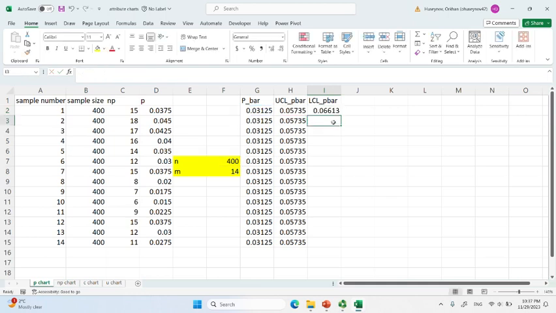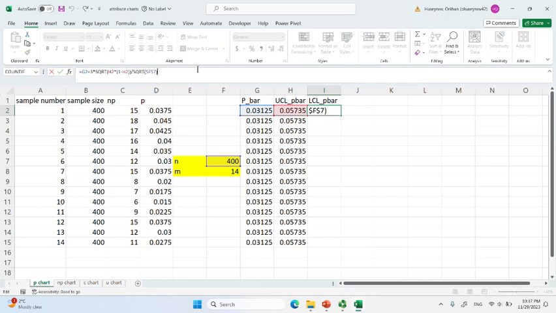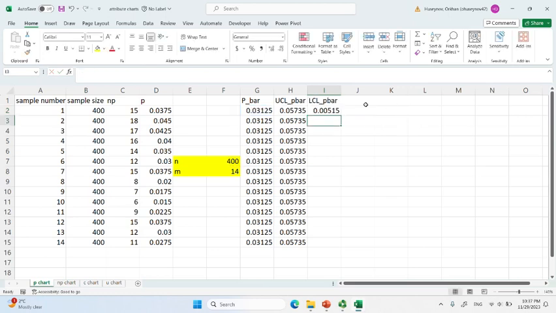Okay, let me write the formula, because it takes this column here. So that p bar, this one, minus 3 times the square root of the p bar, which is this one, times 1 minus the p bar value, and then divide by the square root of the n value. And this one should be with the dollar sign. Okay, this is the lower control limit.